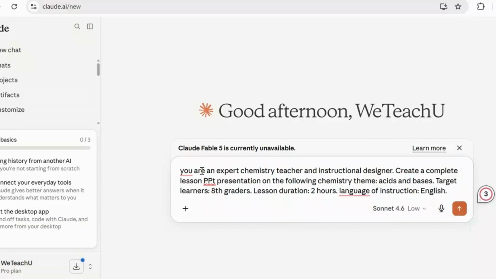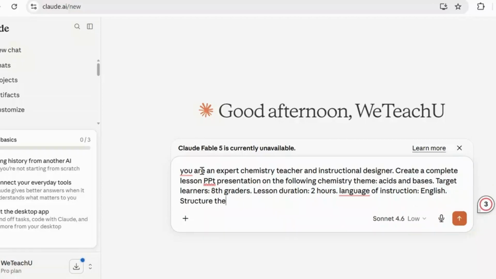That's not enough. I need to give Claude details about the structure of the lesson. So I need to ask Claude to structure the lesson as follows. Notice how specific I'm trying to be. Number 1, I need a clear lesson title. And this should be done for all prompts.